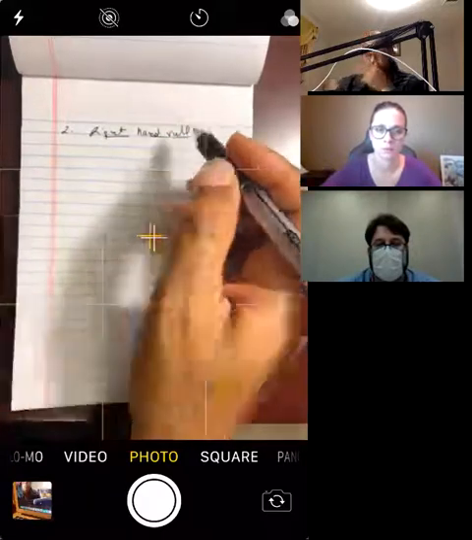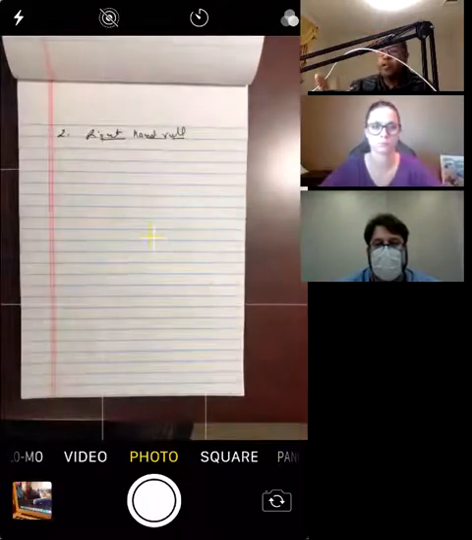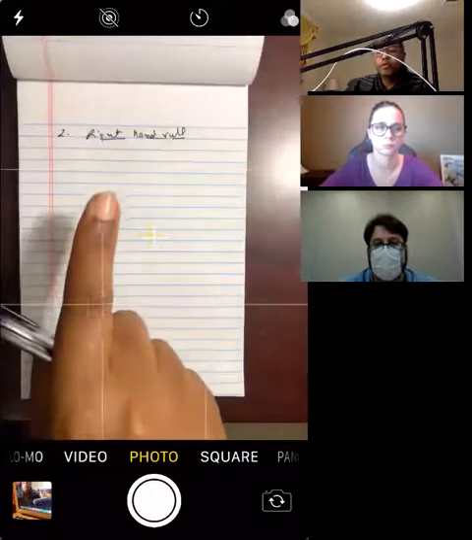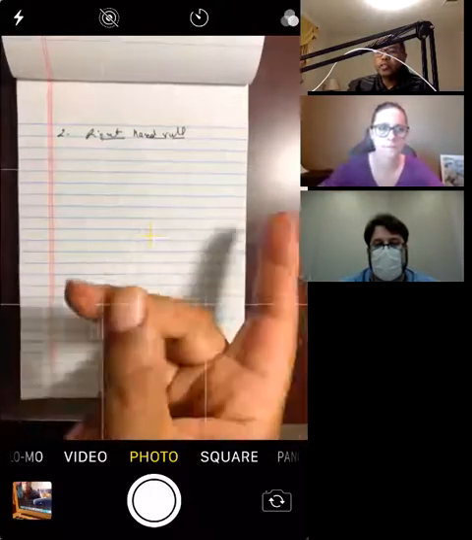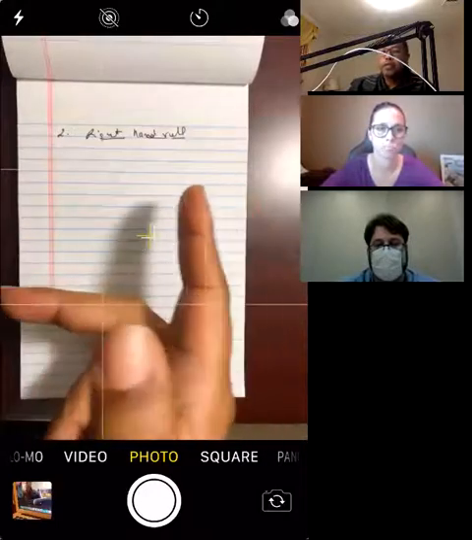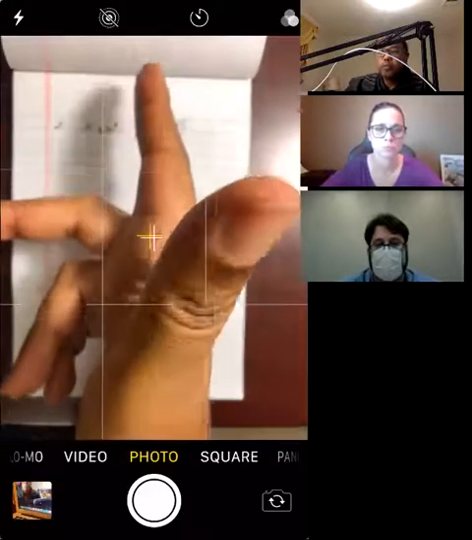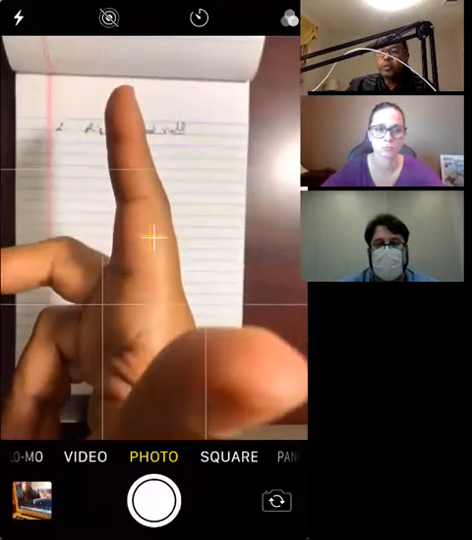In this case, you represent the velocity vector by your index finger, the field by your middle finger, and then the thumb, which is perpendicular to them, represents the force.